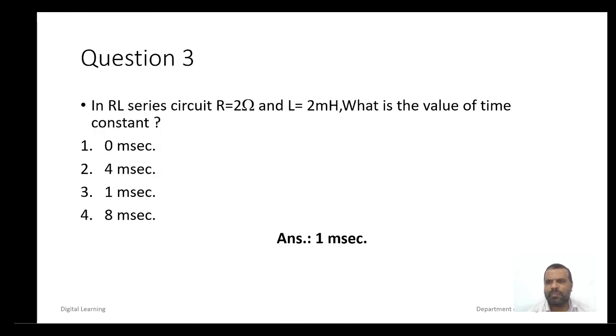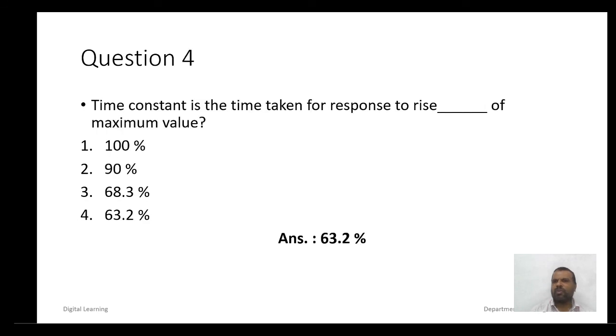Question number 3. In an RL series circuit, R = 2 ohm and L = 2 millihenry, what is the value of the time constant? The options are 0 milliseconds, 4 milliseconds, 1 millisecond, 8 milliseconds. The correct answer is 1 millisecond. Question number 4. Time constant is the time taken for response to rise to dash of maximum value.